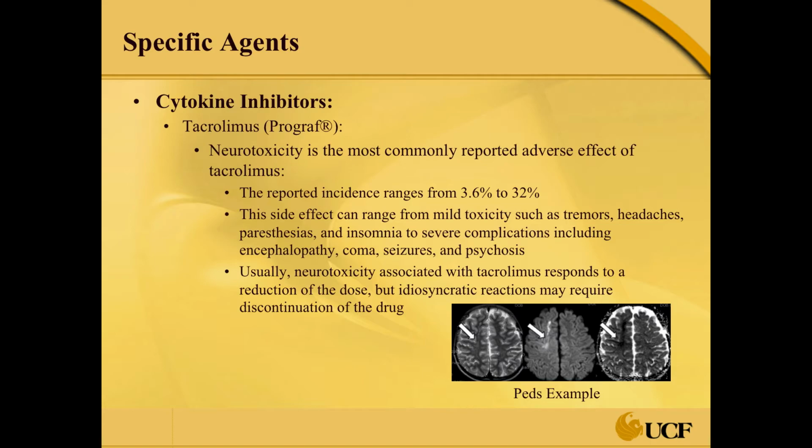The side effect can range from mild toxicity like tremors, headaches, paresthesias, and insomnia, all the way up to severe encephalopathy. Usually neurotoxicity associated with tacrolimus will respond to reduction in dosing, just like we said with the nephrotoxicity with the cyclosporine, but there are some idiosyncratic reactions that require discontinuation of the drug.